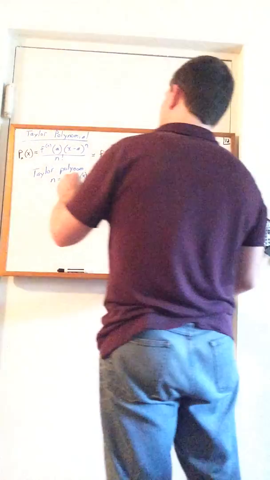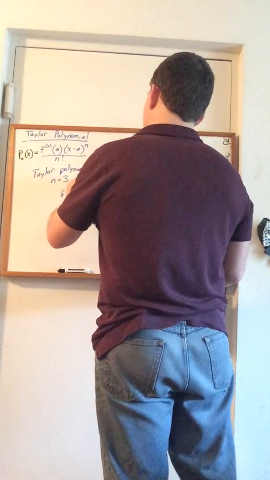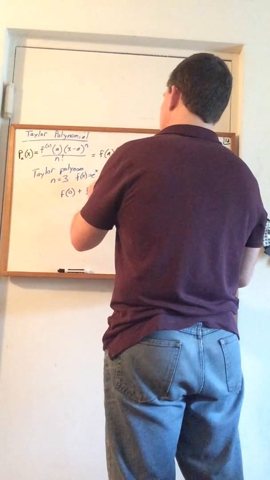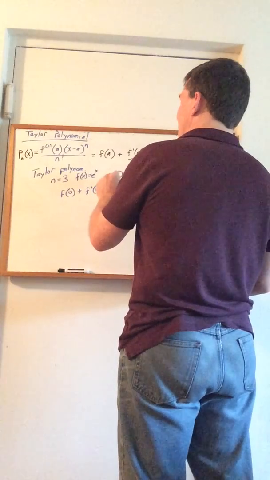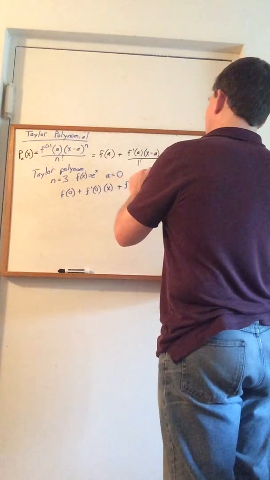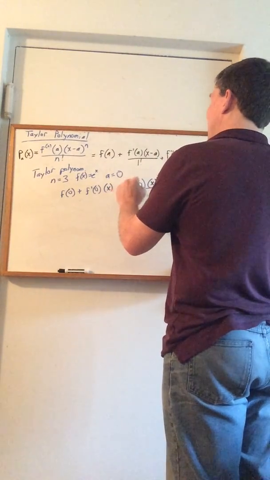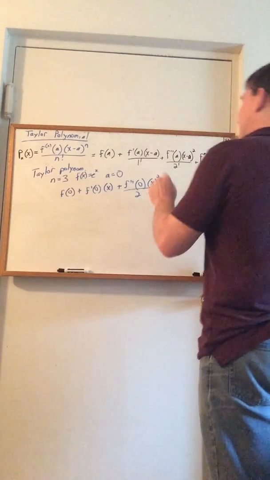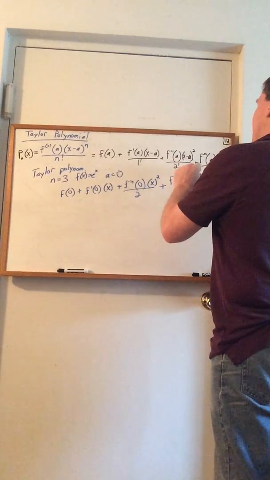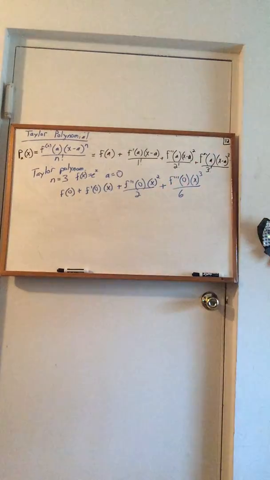Then according to this, we get f of 0 plus f prime of 0 times x minus 0, which is just x, over 1 factorial, which is 1, plus f double prime of 0 times x minus 0, which is just x squared, over 2 factorial, which is 2, plus f triple prime of 0 times x cubed, over 3 factorial, which is 6.